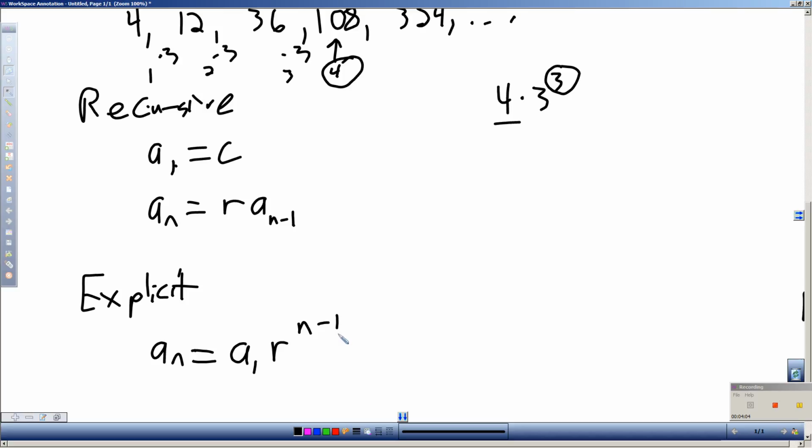If we wanted a fourth term, we had to plug in 3 here, right? If we wanted a fifth term, we'd have to plug in 4. So this is our general form of an explicit function. It's a geometric sequence.